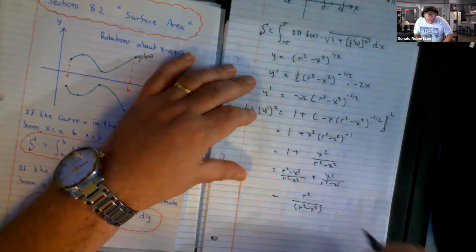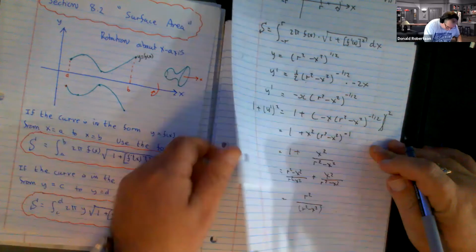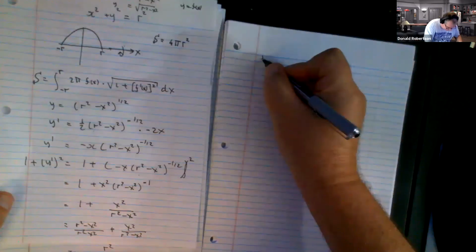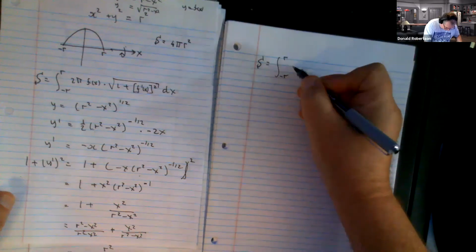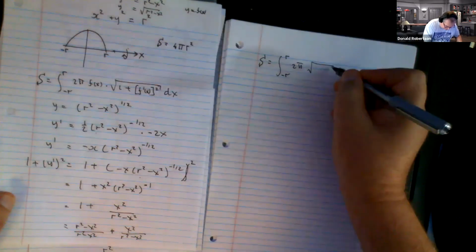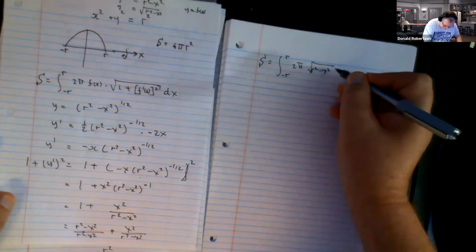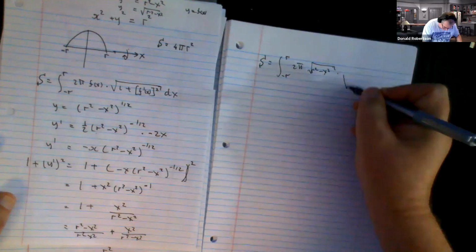So it actually comes out quite nice. So S is the integral from negative r to r, 2 pi, this guy, times the square root of this guy.